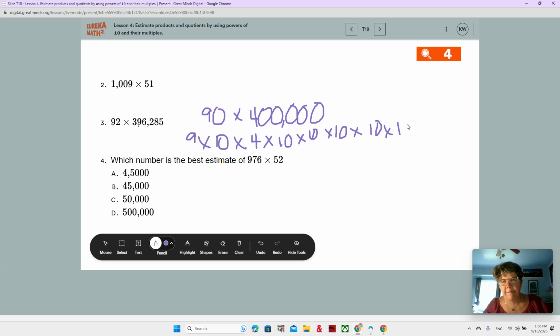Now all together that makes 6 tens, 10 to the 6th power, and we have 9 times 4, right? 9 times 4 is 36. Sorry for the sloppy writing.